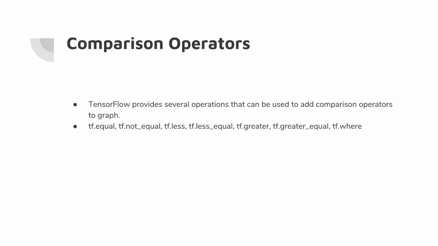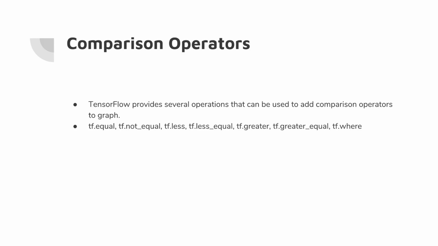The output tensor will be Boolean, and each element of this output tensor denotes whether the corresponding elements of the input parameter tensors were equal or not.